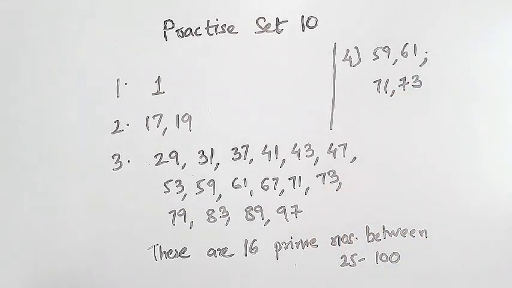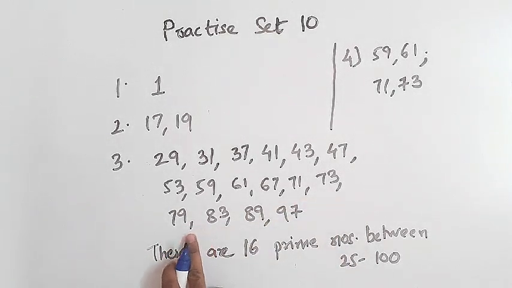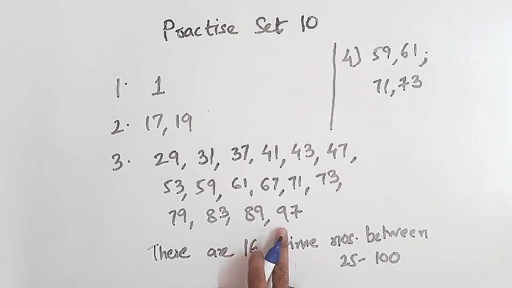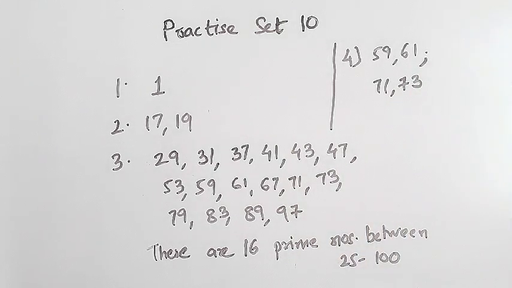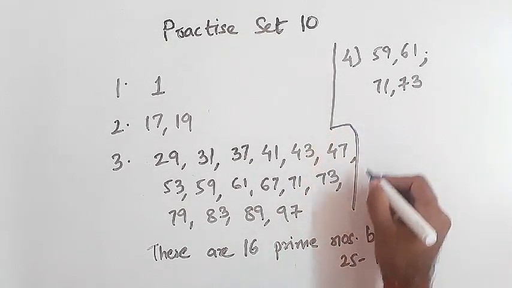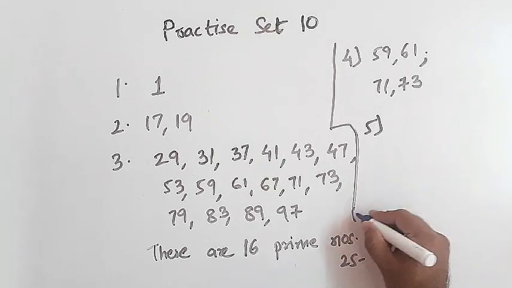Then 73, 79, you cannot take 79, 83, you cannot take 83, 89, and 97 you cannot take. So you have two pairs of twin prime numbers from 51 to 100.